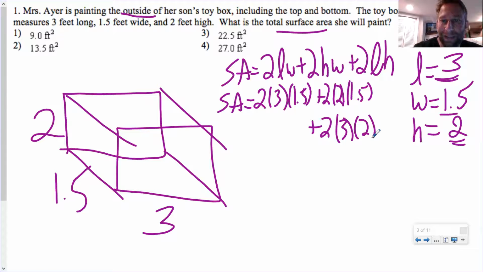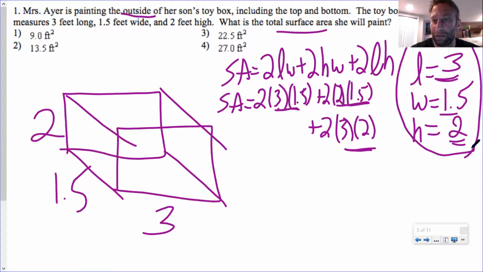Another common mistake is subbing in. Make sure that they are always different: 3 and 1.5, 2 and 1.5, 3 and 2. If any of them were duplicated, you probably made a mistake substituting it in, unless 2 of these are the same, then of course you will get some duplicates.